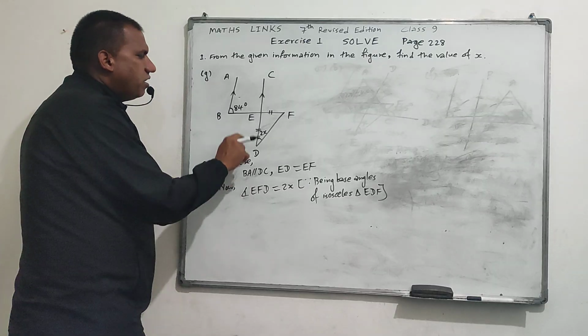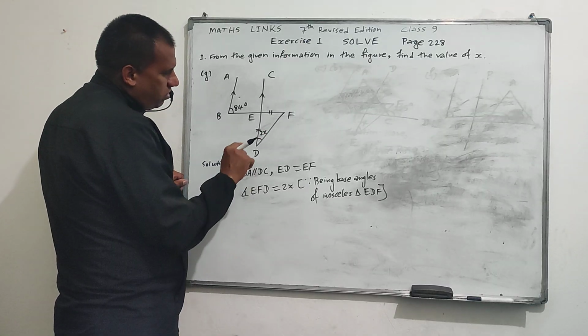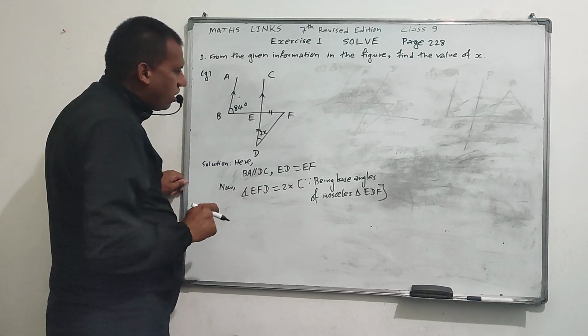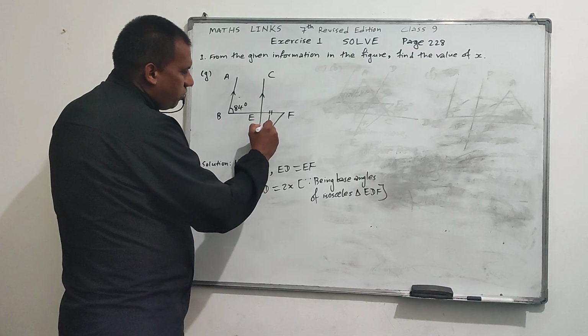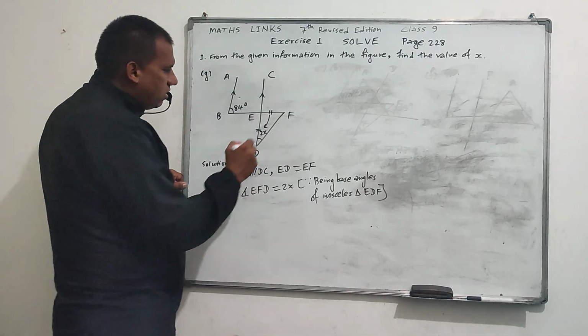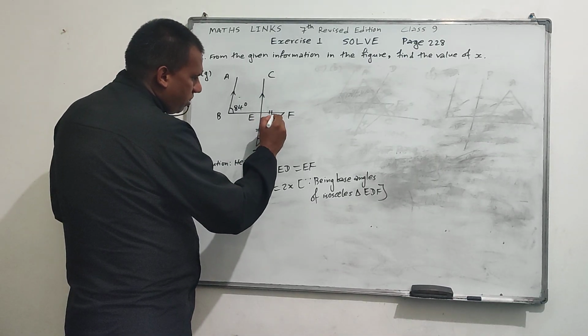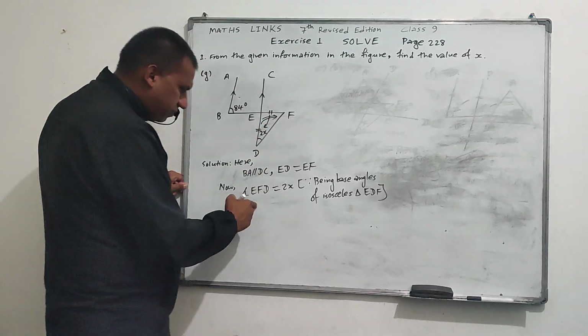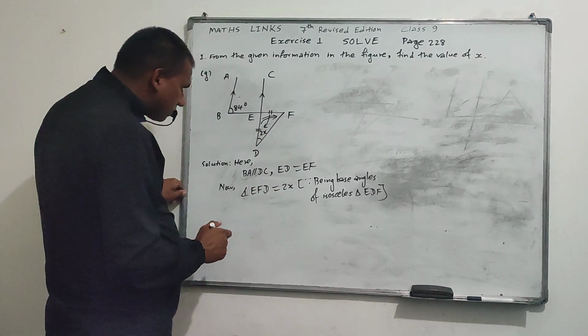So triangle EDF is an isosceles triangle. So base angles, opposite angles of equal sides, are base angles. Its opposite angle is 2x, and this one's opposite angle is angle EFD. So EFD equals 2x.